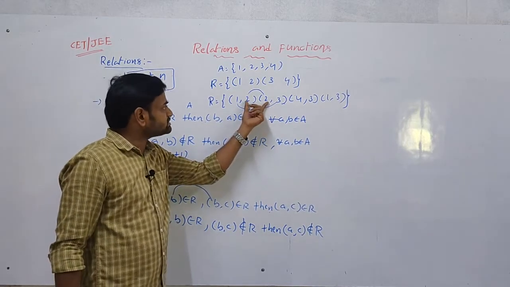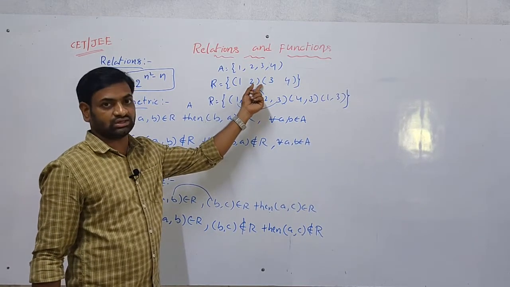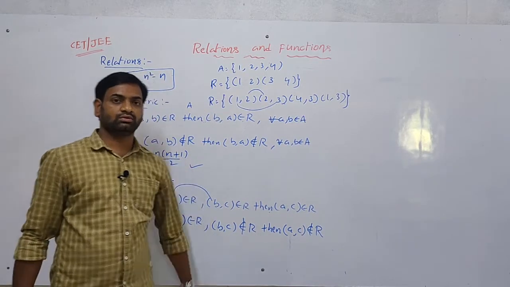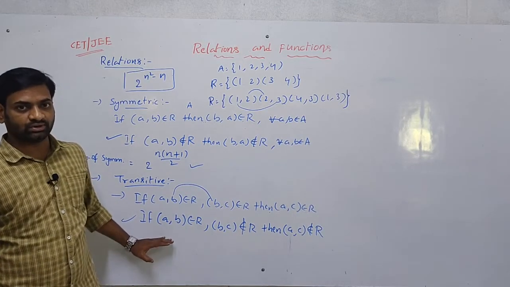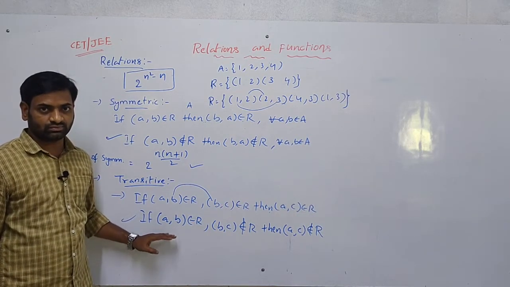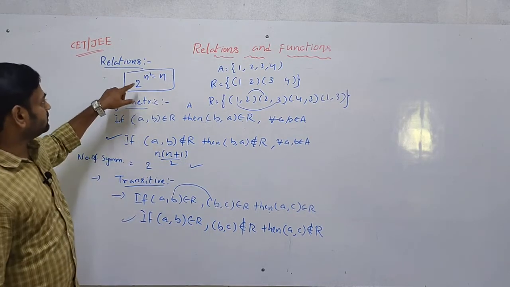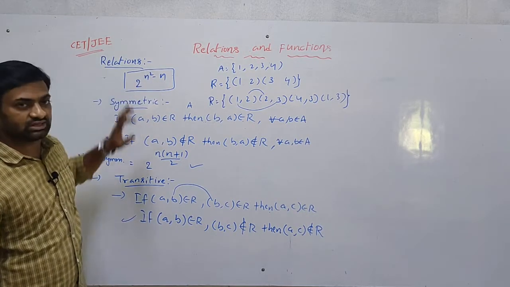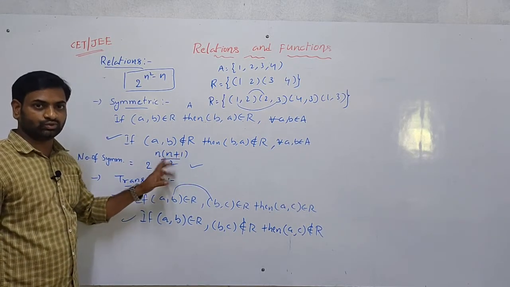Suppose these types of pairs do not exist here, even though it is transitive. That is the main thing you have to remember. There is no shortcut formula for the number of transitive relations. And the number of reflexive is 2 power n square minus n. Number of symmetric is 2 power n into (n plus 1) by 2.